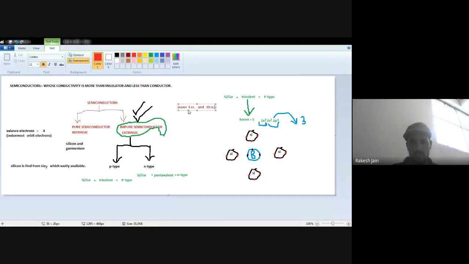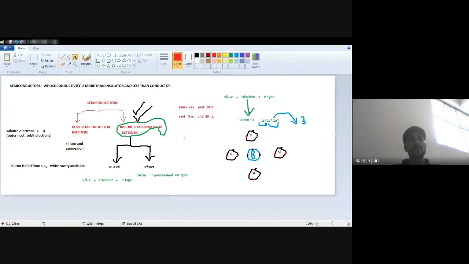And the second person is Ravi. He has a 5 rupees note and a 20 rupees note. Ram has 5 rupees and 10 rupees, and Ravi has 5 rupees and 20 rupees.